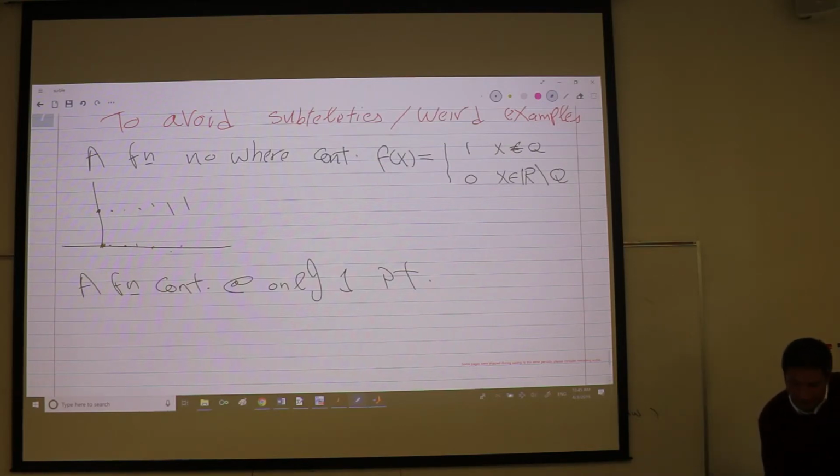Well, we can come up with a definition, that's fine. f of x is x and negative x. The same thing here, x is in Q, x is in R minus Q, so this looks like the following.